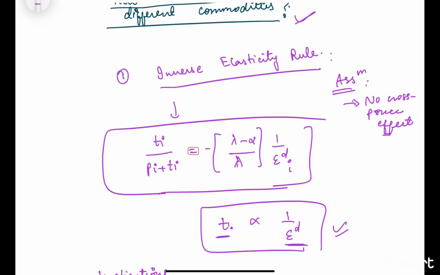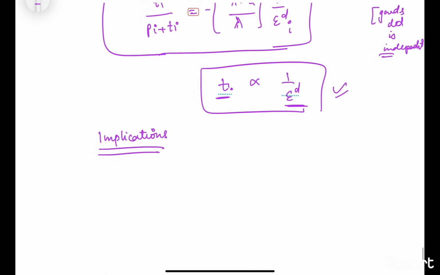If we have many goods, then we are assuming that all goods are different, not related to each other. We are considering the goods independent, their demand independent of each other. So goods' demand is independent here. This is a very strong assumption, so just keep it in mind.